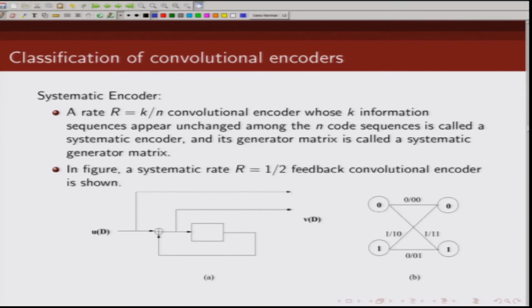You can see here the first coded bit is nothing but the information bit, and the second coded bit is the parity bit basically coming out from this convolutional encoder. So, from these two coded bits we can easily find out what the information bit was from this bit. So, we can separate out the information bit from the coded bit, and this is an example of a systematic encoder.